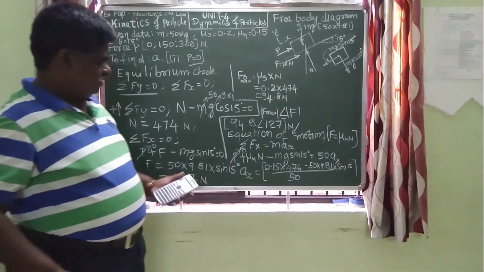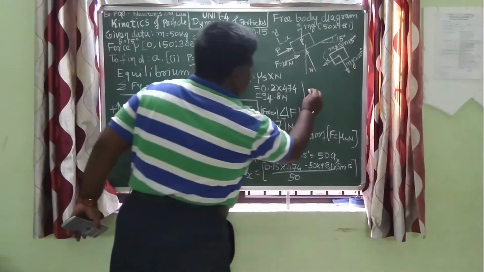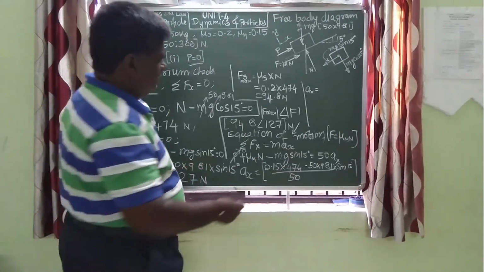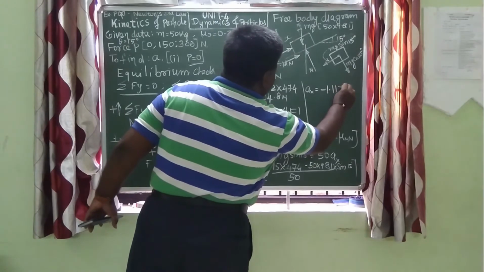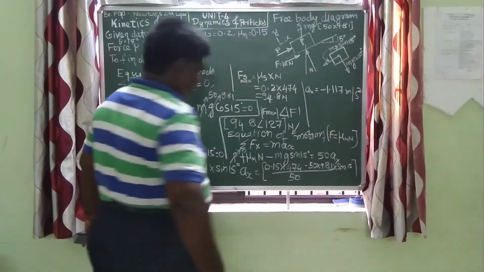Using a calculator, we get the value of minus 1.117 meter per second square.